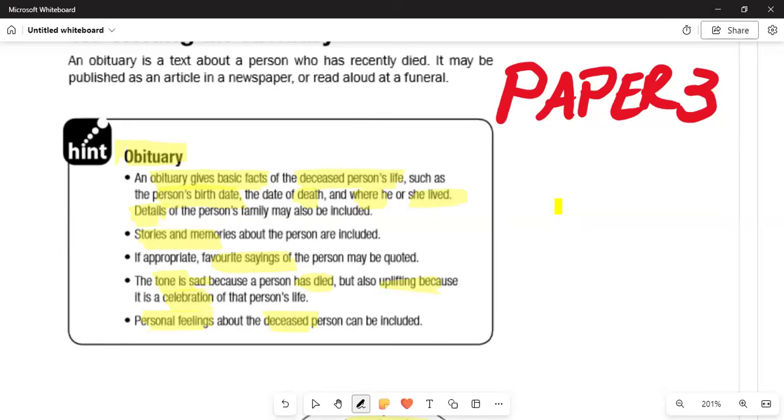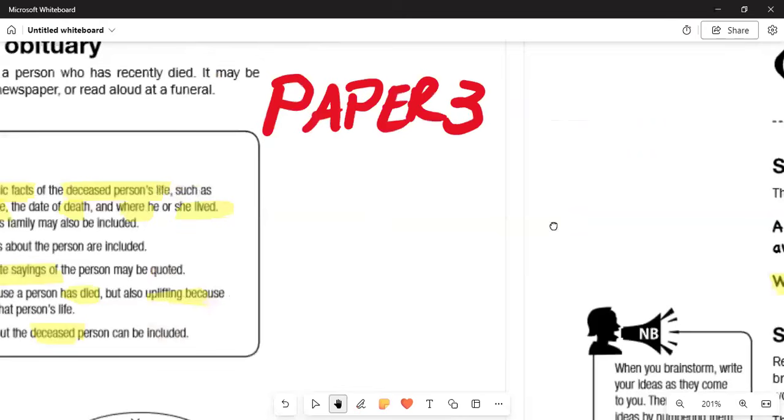If appropriate, favorite songs of the person may be quoted. The tone is sad because the person has died, but also uplifting because it is a celebration of that person's life. The personal feelings about the deceased can also be included, so that is in Paper 3.